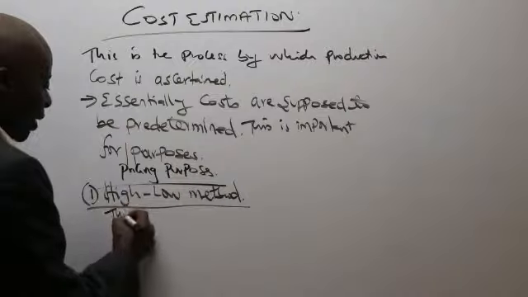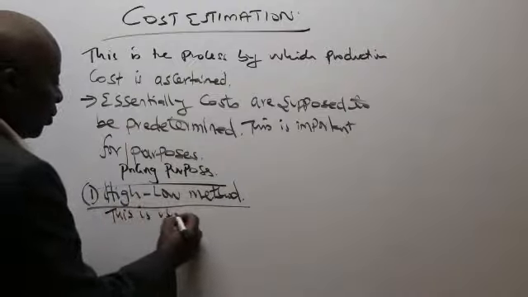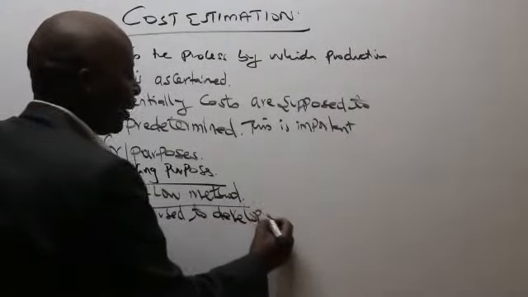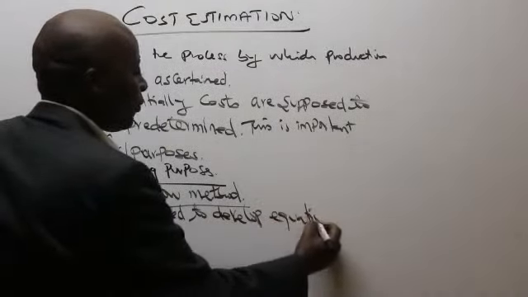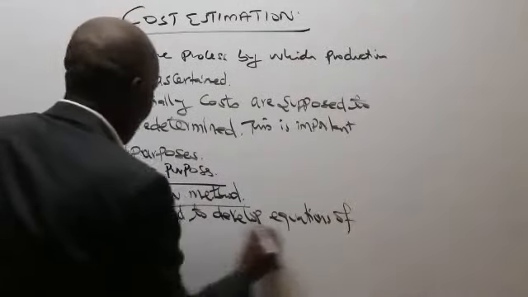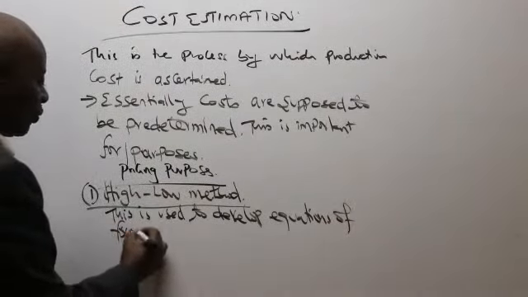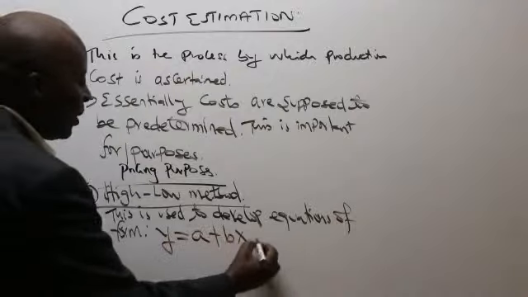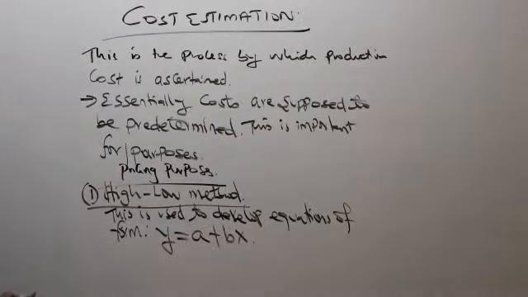The high-low method is used to develop equations of the form y equals a plus bx. It is used to develop equations of the form y equals a plus who?